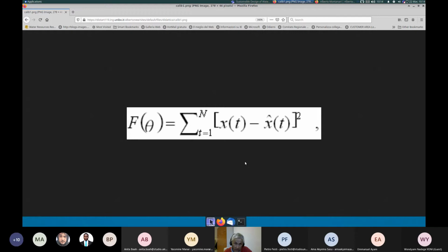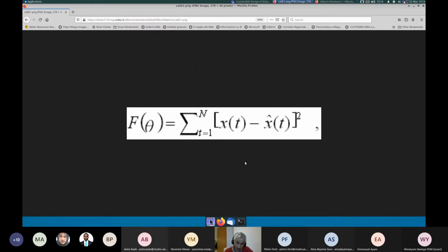Again, if I want to simulate low flows well and I don't care about high flows, I can forget about the objective function that you see on the screen now, the squared one. And I should use the sum of the absolute values, because I am interested not in the overall performances, but in the low flow performances.